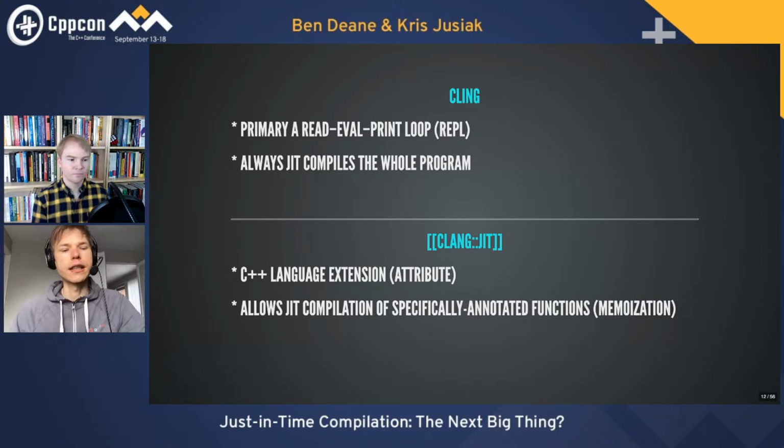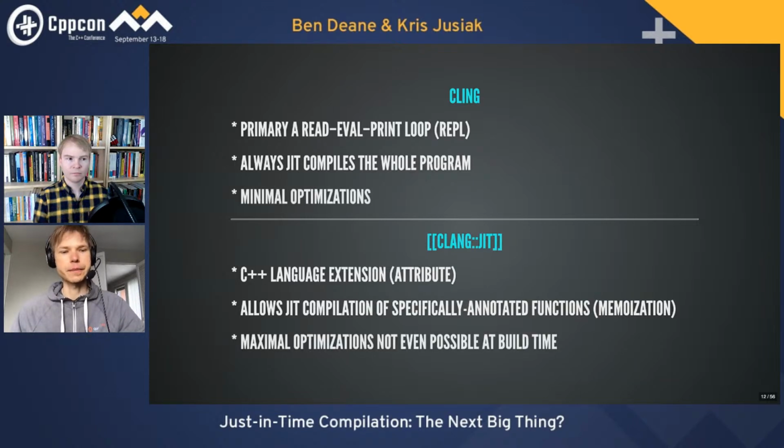On the other hand, JITing with Clang JIT allows compilation of specifically annotated functions with its attribute. Because of that, we get really fast compilation times because we can leverage the memoization of templated functions which are marked with the Clang JIT attribute. So that gives us much faster compilation times as we go along.